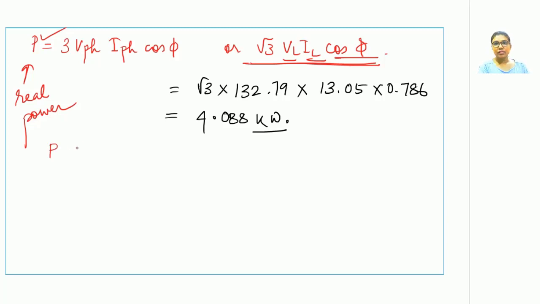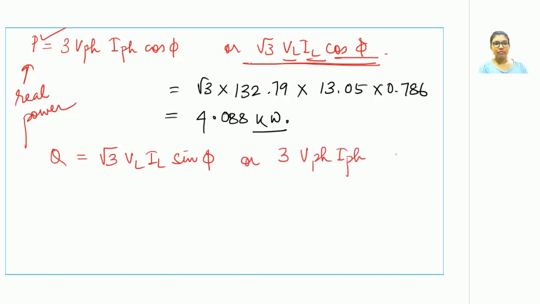Now there are two ways in which the reactive power can be computed. One is root 3 VL IL sin phi or 3 V phase I phase sin phi. Or there is a very important derivation, and I prefer to use this expression to find out the reactive power, P tan phi.